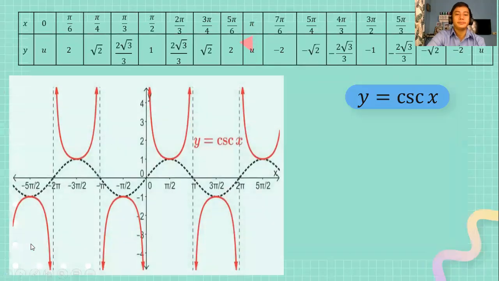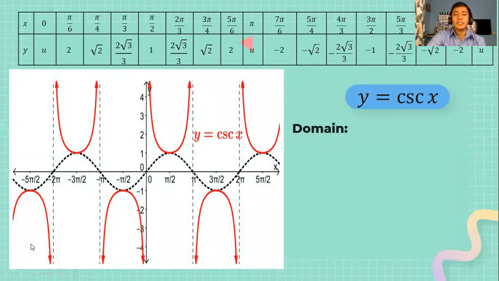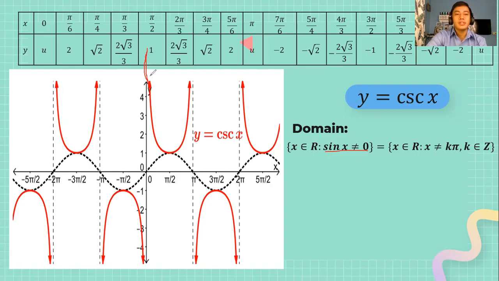Let us compare. Observe that the domain is all the set of real numbers, only that sine x cannot be equal to 0 because it will be undefined if it becomes 0. Okay, so this is the restriction. As you observe, it is also asymptotic to x equals 0, which is the y-axis.